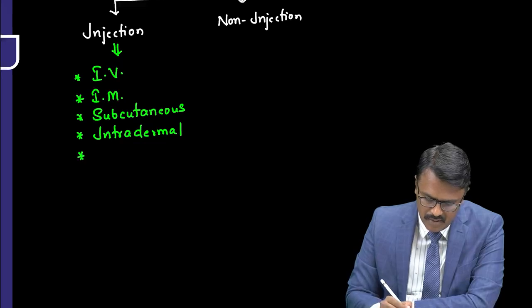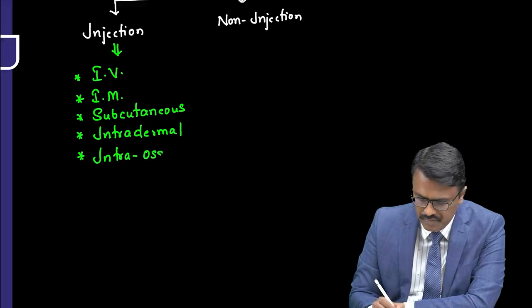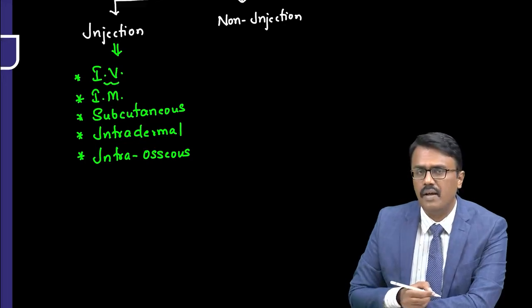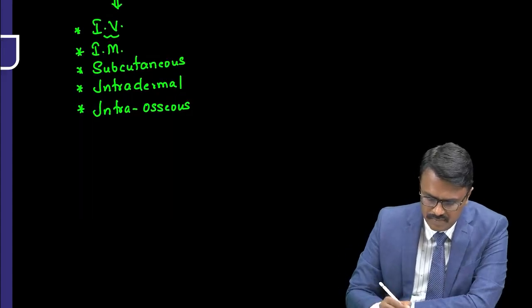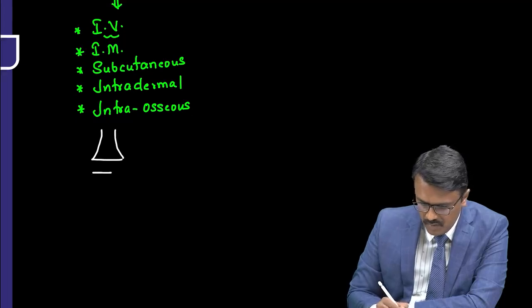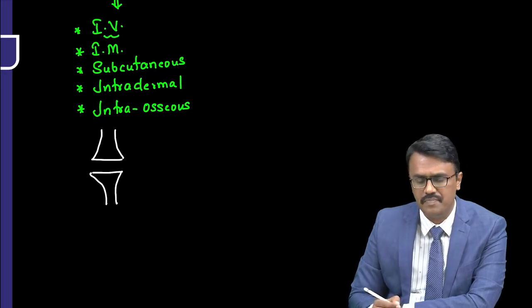Now another important route nowadays very much trending is intraosseous route. Many a times we may not get an IV line and then we use this intraosseous route. I'll give an example. Now this is the bone. This is one more bone. So you know that the junction between the bones is the joint.